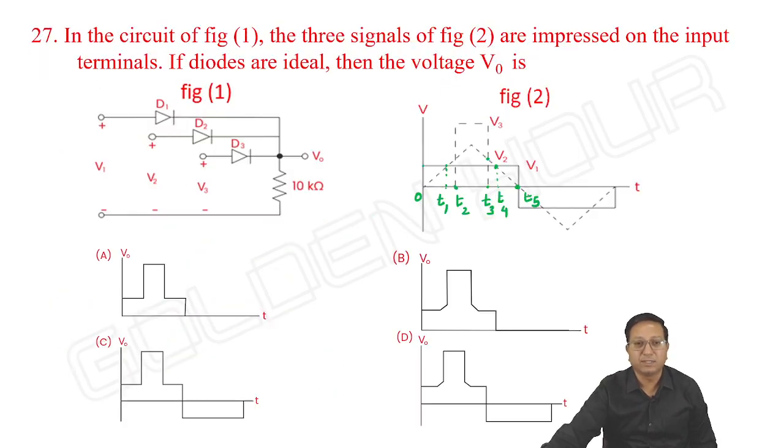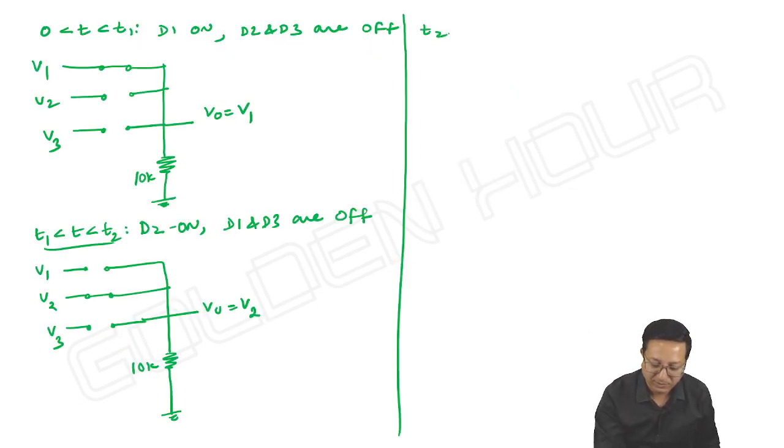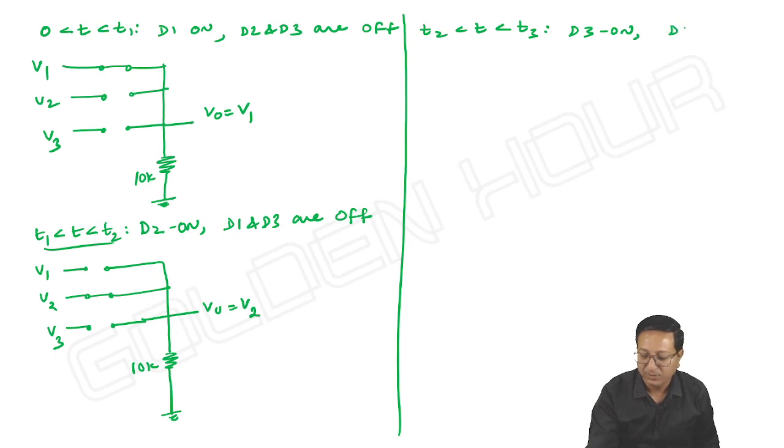Next, t2 to t3. From t2 to t3, V3 is greater than V2 and V1. So D3 is on, D1 and D2 are off.